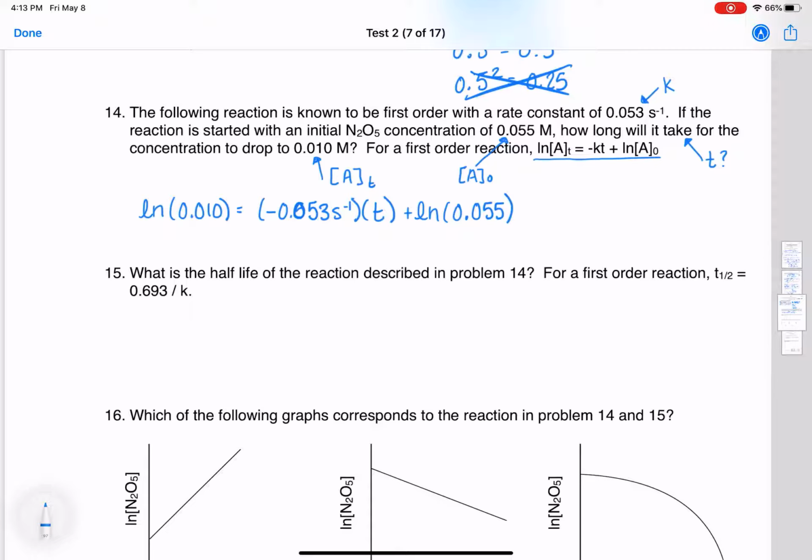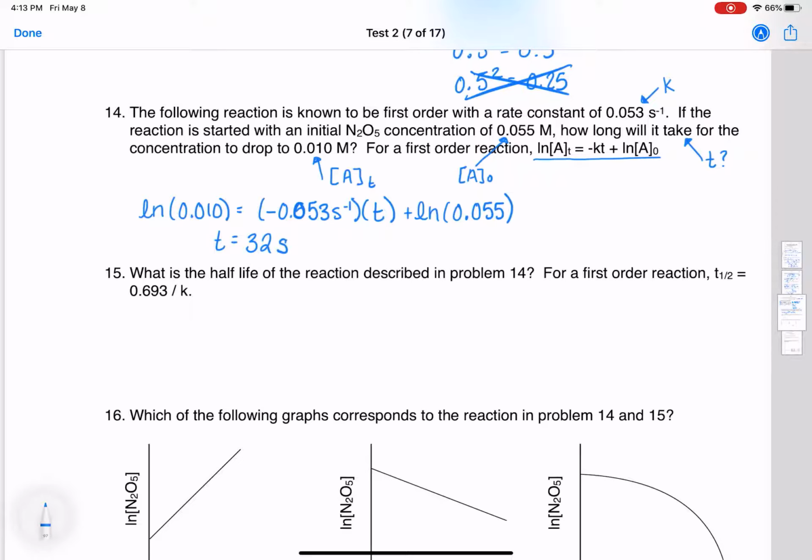And now we just have to do algebra. The natural log of 0.01 minus the natural log of 0.055, divided by negative 0.053. Looks like our time is 32 seconds.